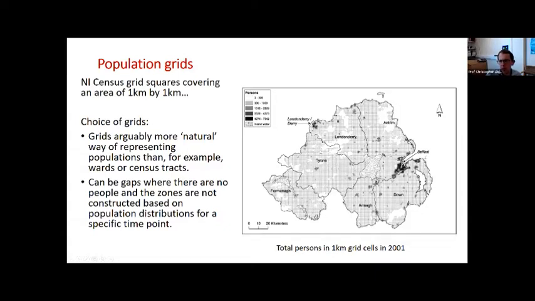But the same point stands, we've got holes where there are no people, so we can much better link where people actually live to proximity to services. Also, arguably, we can better look at spatial clusters of people living with particular conditions in a much more geographically specific and targeted way than we can if we use super output areas or wards or census tracts or enumeration districts or whatever other geographical unit you might be familiar with.